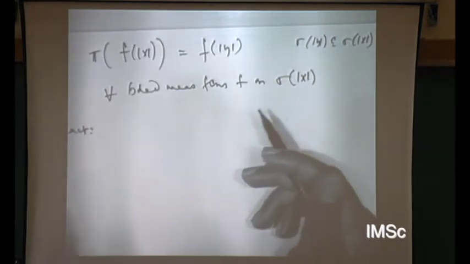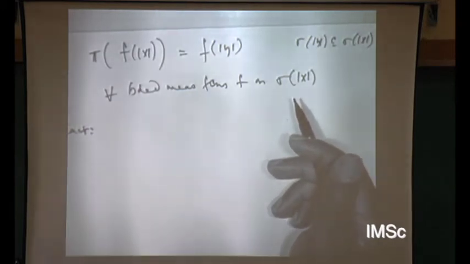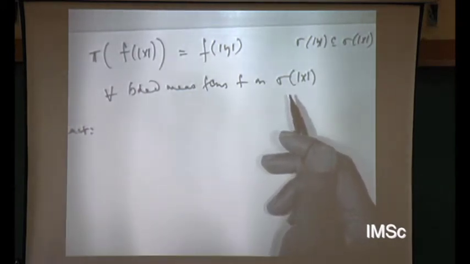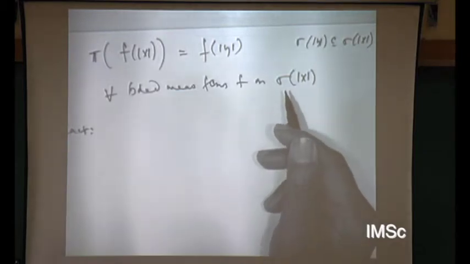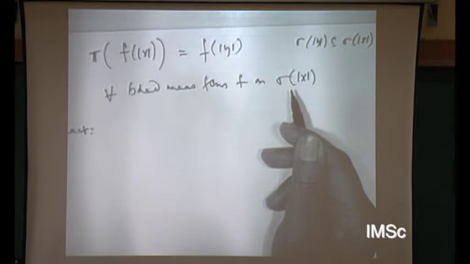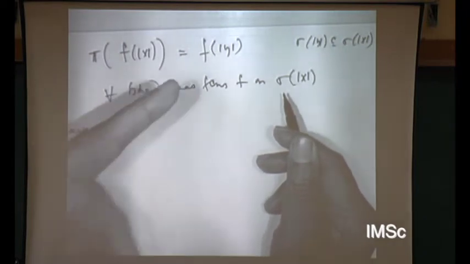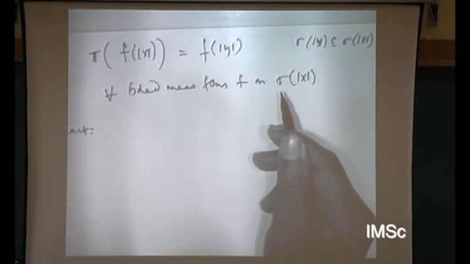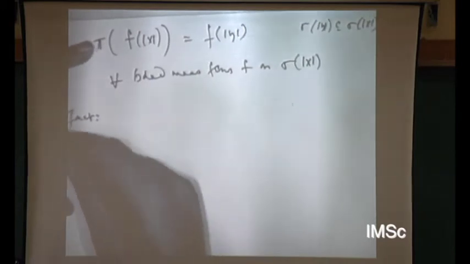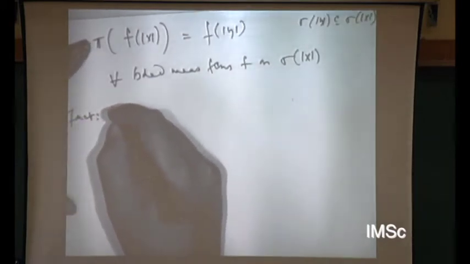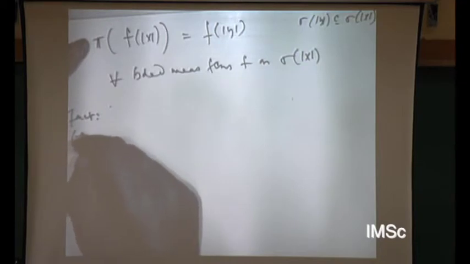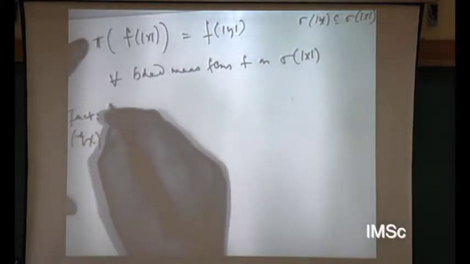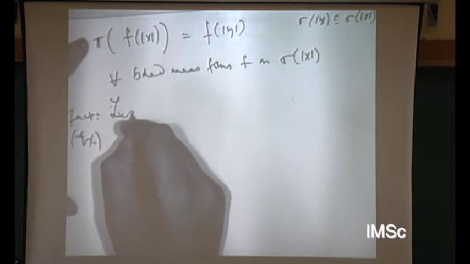If you give me an f and if you give me an epsilon, I can find a continuous g such that g agrees with f outside a set of measure smaller than epsilon. So that is what Lusin's theorem says. Now, from Lusin's theorem, it is not hard to verify this consequence.